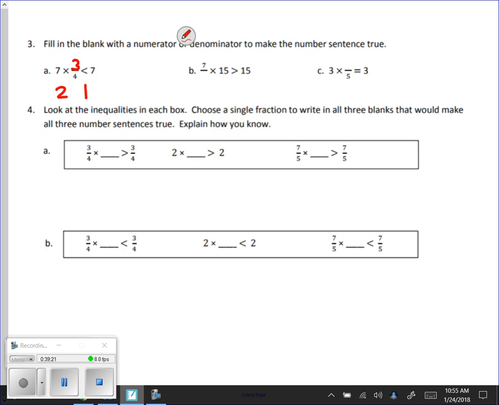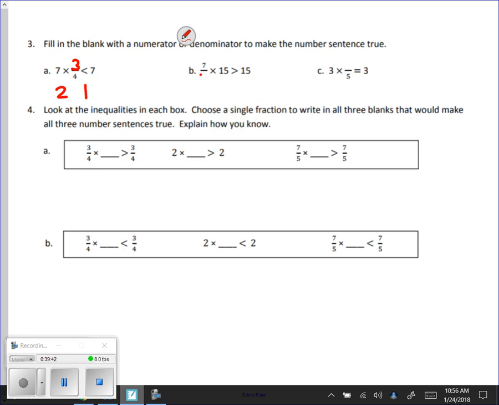Okay? What about 7 over something times 15, which is my first factor, needing to be greater than 15. I need 15 to get bigger than 15. So what can be in my fraction? Daniel.